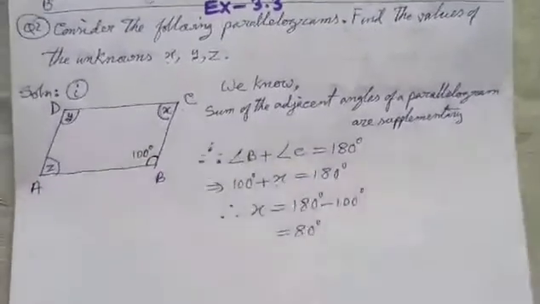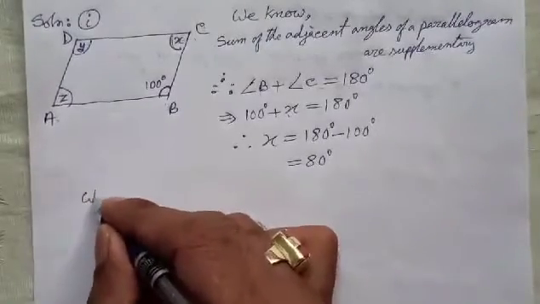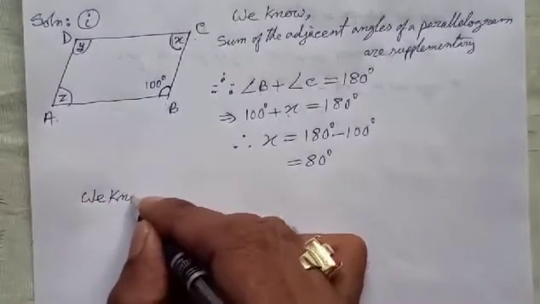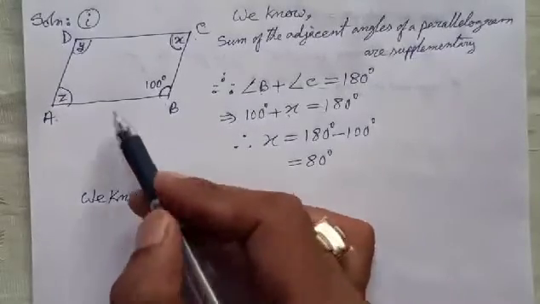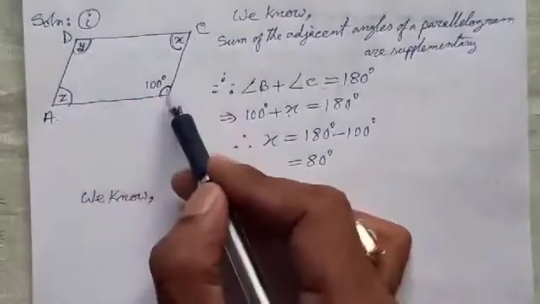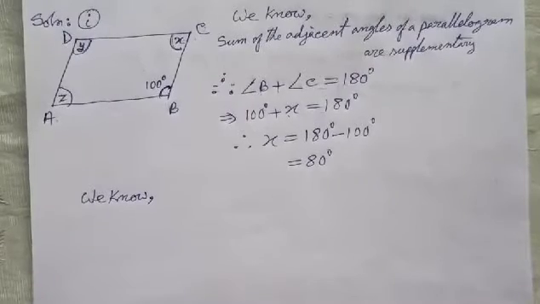Now let's find out y. We know, again let's apply the property of a parallelogram. This angle y and this 100 degrees are opposite angles of a parallelogram, and the opposite angles of a parallelogram are equal.